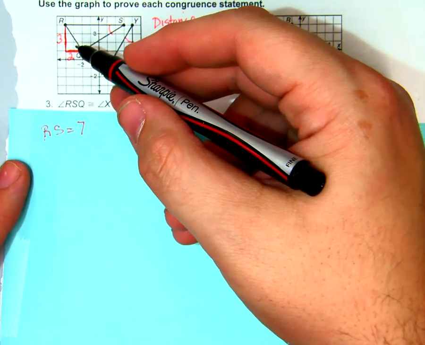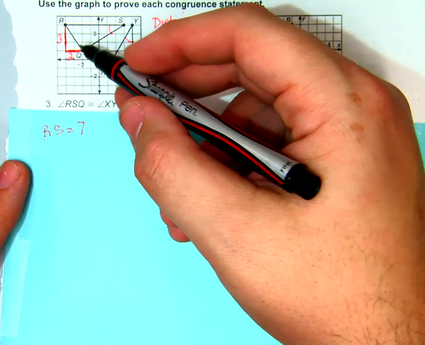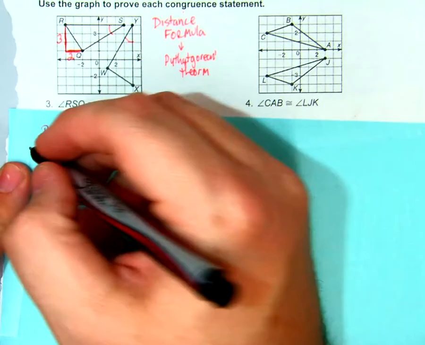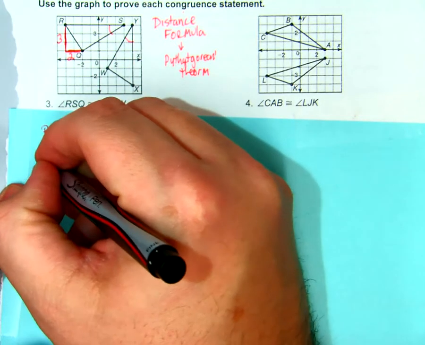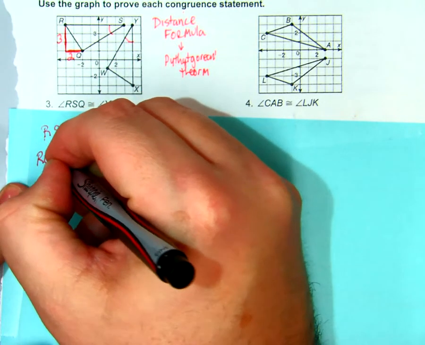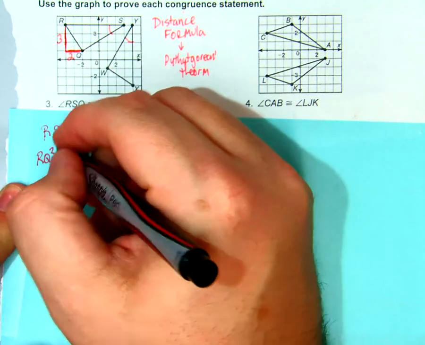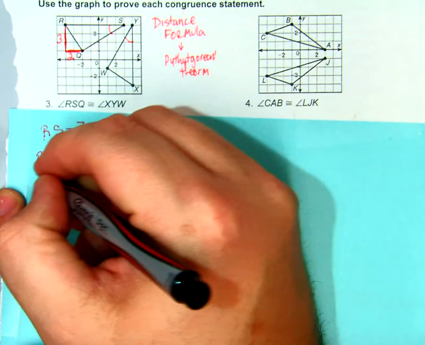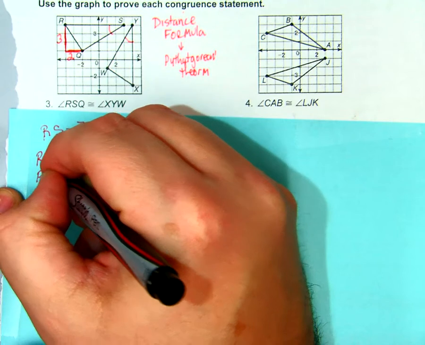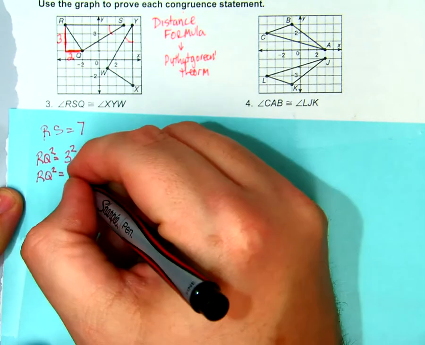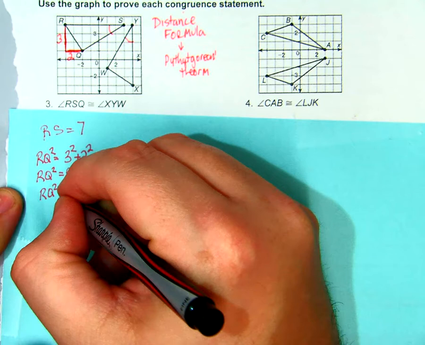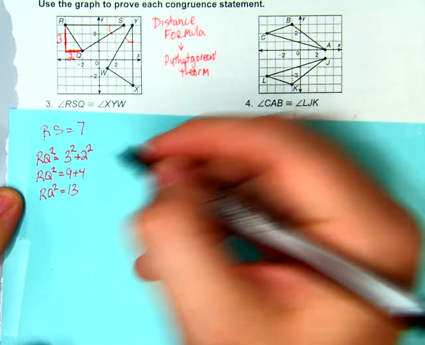But now that we've created the right triangle, we can find RQ by just using Pythagorean theorem. So I know RQ squared, because it's the hypotenuse, will be 3 squared plus 2 squared. So RQ squared is going to be 9 plus 4. RQ squared is 13.